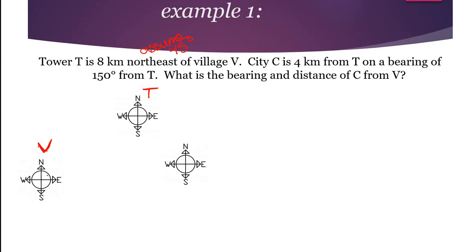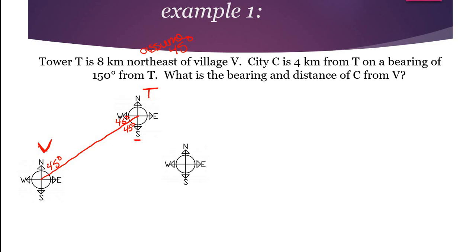Right. So I am going from V to T. This is 45 degrees, and we know both those coming in are 45 degrees. That 45 degrees is though with that line coming in and the south direction right here.